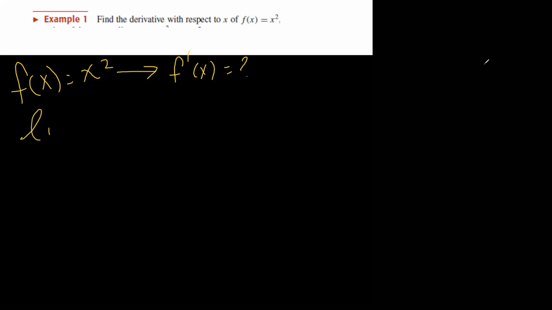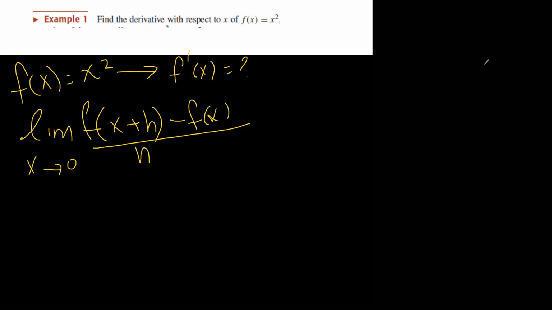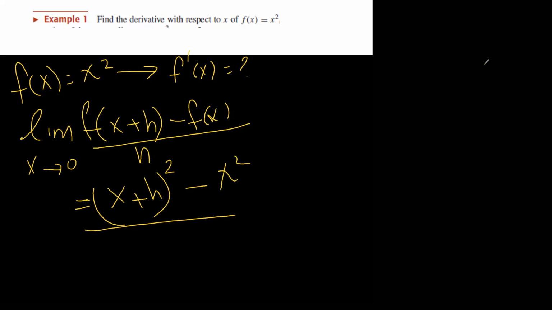I will use the limit as h approaches 0 of x plus h squared. Now, f of x is x squared. So if I have x plus h, it will be x plus h squared. Is it right? Yes. Minus x squared over h.